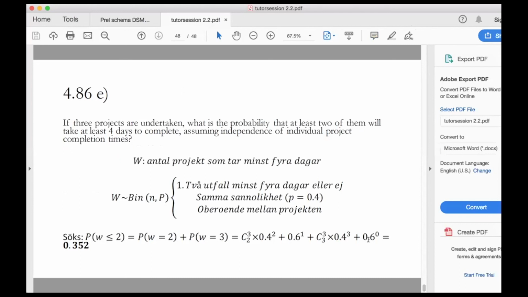The condition stated is that the probability of the 2 events is the same, and there is independence between the individual projects, and the project will take at least 4 days to complete.